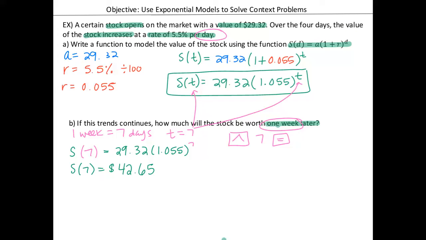So we're going to say the stock would be worth about $42.65 after 1 week.